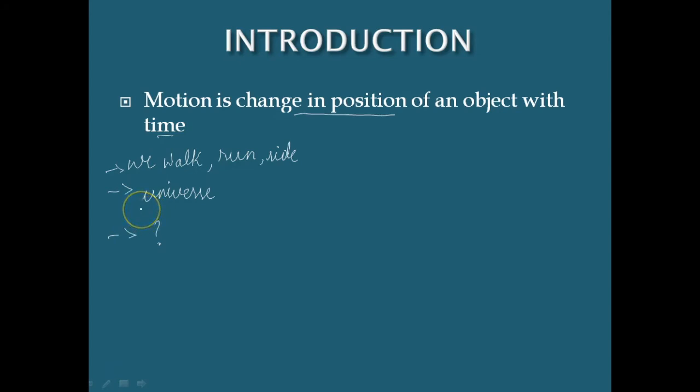Motion of objects along a straight line is called rectilinear motion. Another name for this chapter is rectilinear motion, the motion of an object along a straight line.